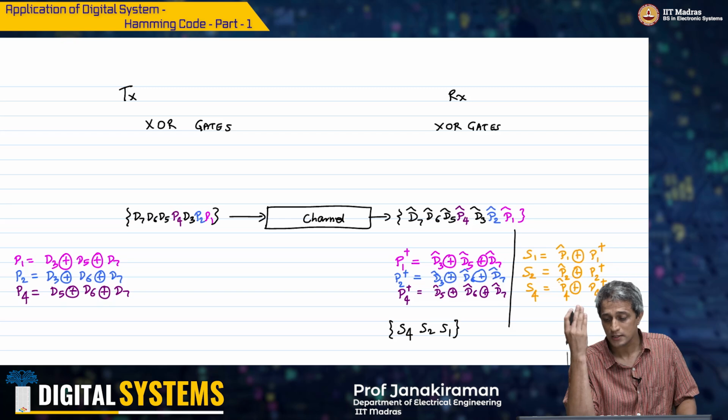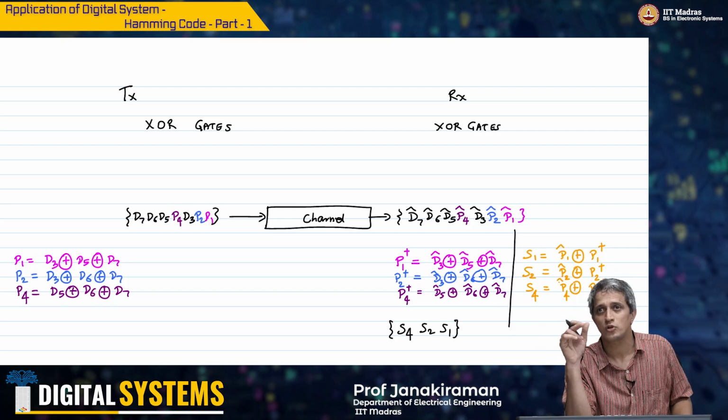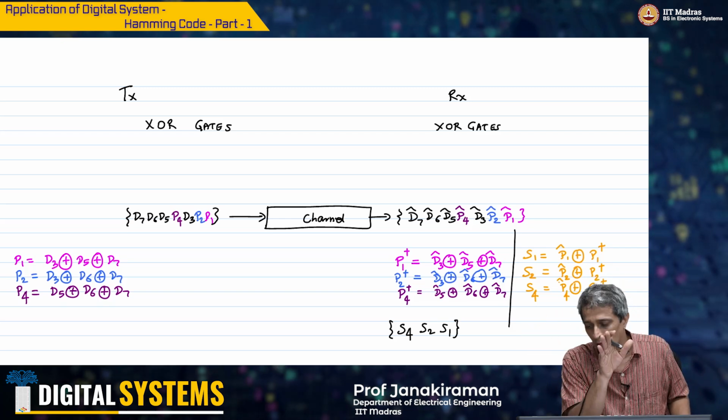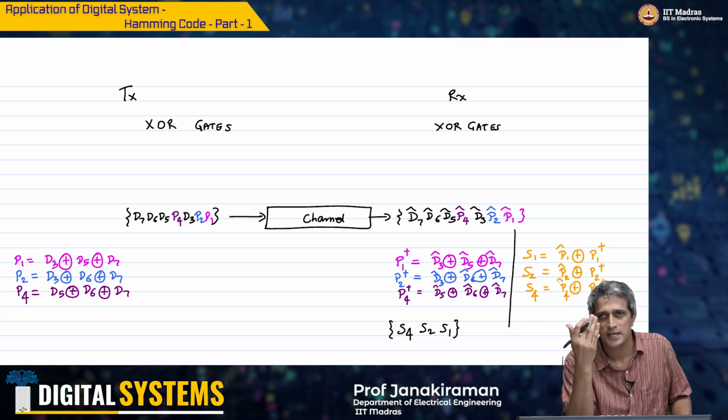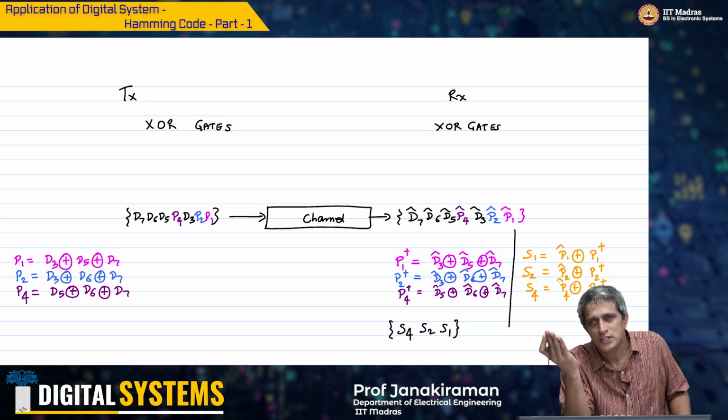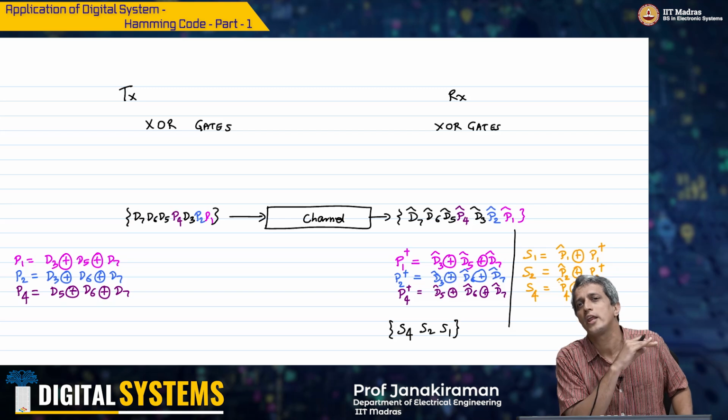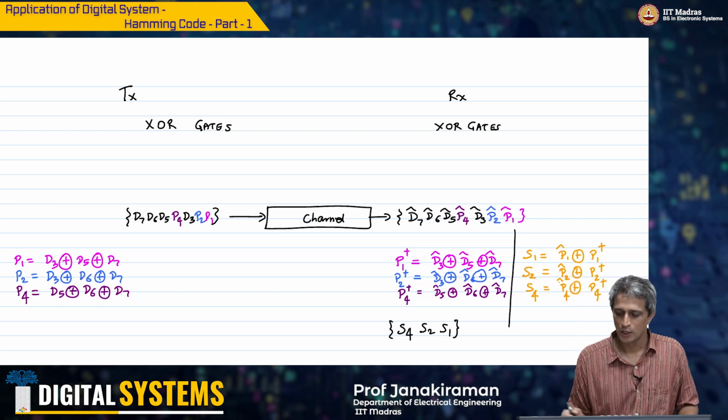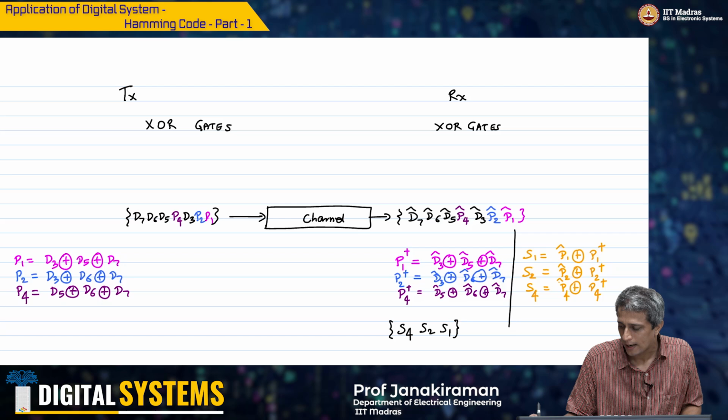And what does syndrome value 0, 0, 0 mean? There is no error. That means all the received parities have matched what was transmitted, and therefore there is no error in transmission. So any other bit is all that I have to worry about.